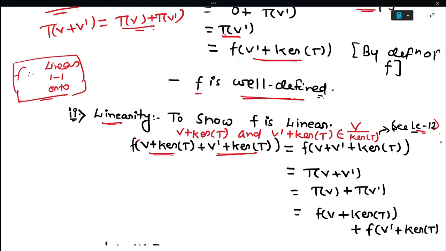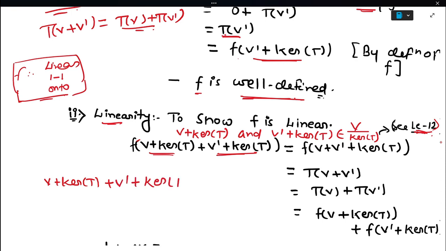In the quotient space we have added two elements; you can see my previous lecture, video lecture 12, where we add two elements in the quotient space.